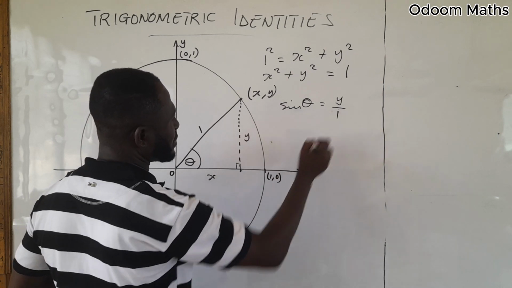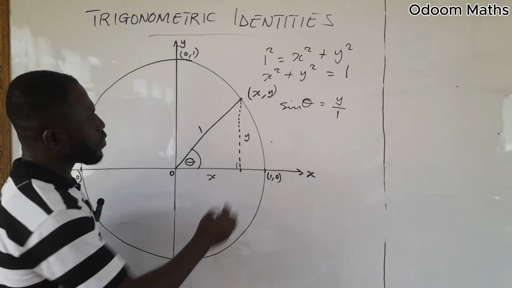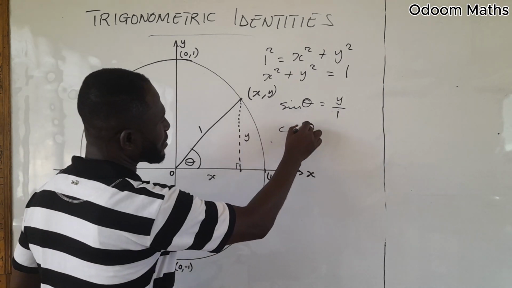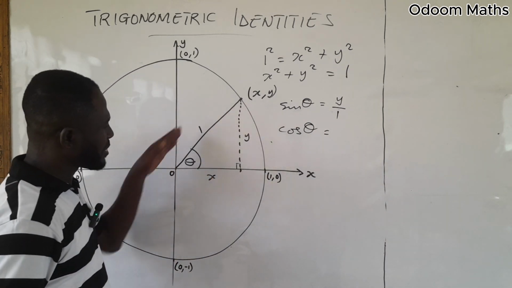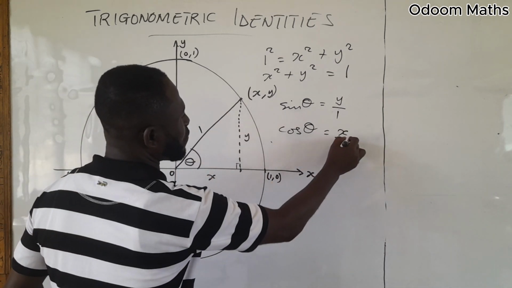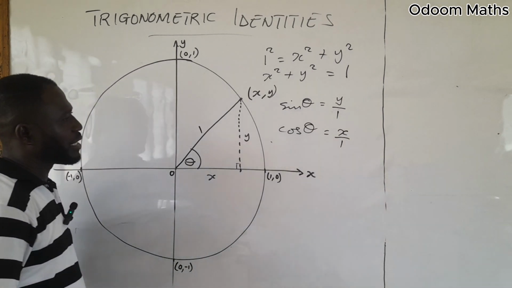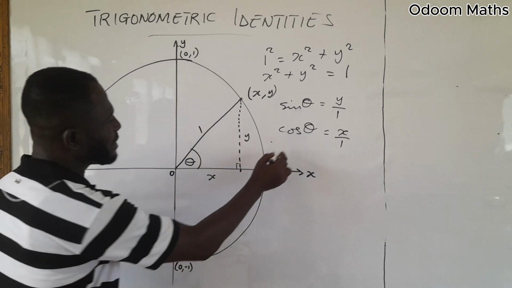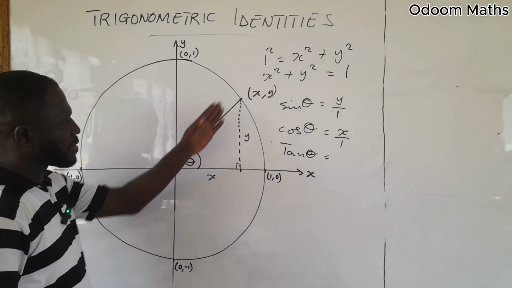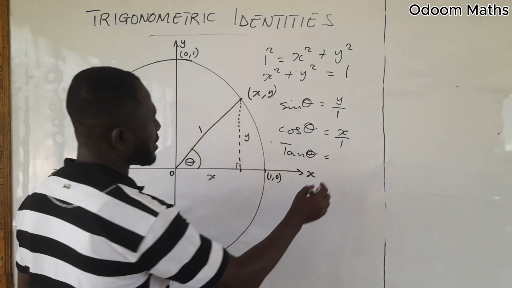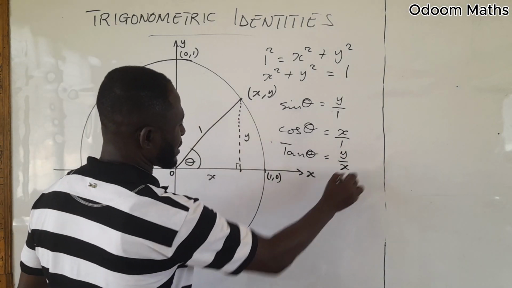Then our cos theta is adjacent over hypotenuse, which is x over 1. Then our tan theta. Tan is opposite over adjacent, which is y over x.